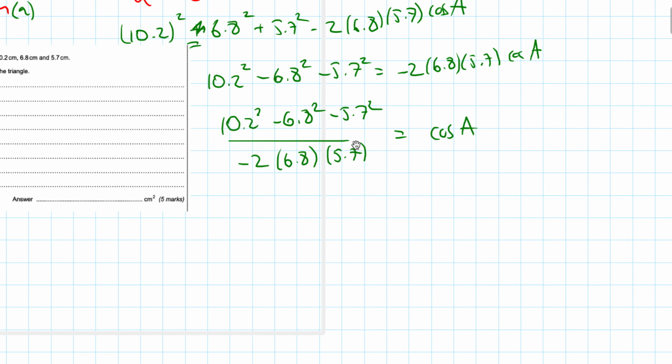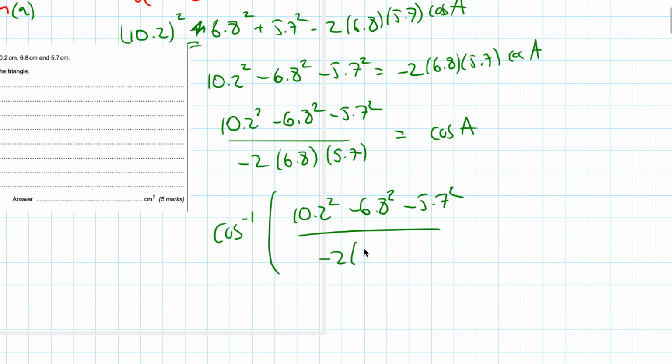So from here, to get our A, we need to inverse cos both sides. So cos inverse of 10.2 squared minus 6.8 squared minus 5.7 squared, divided by minus 2 times 6.8 times 5.7, is equal to A. And from here you should plug that into your calculator as is.